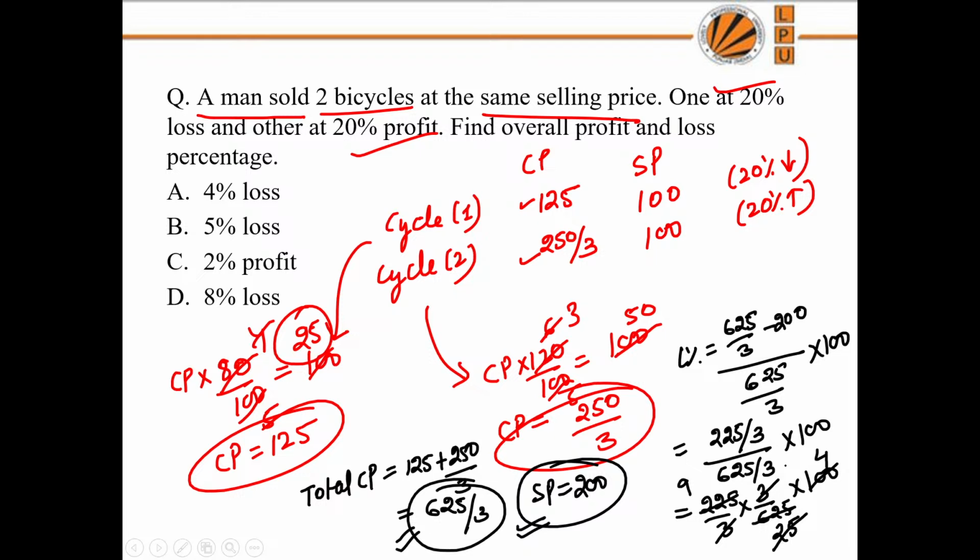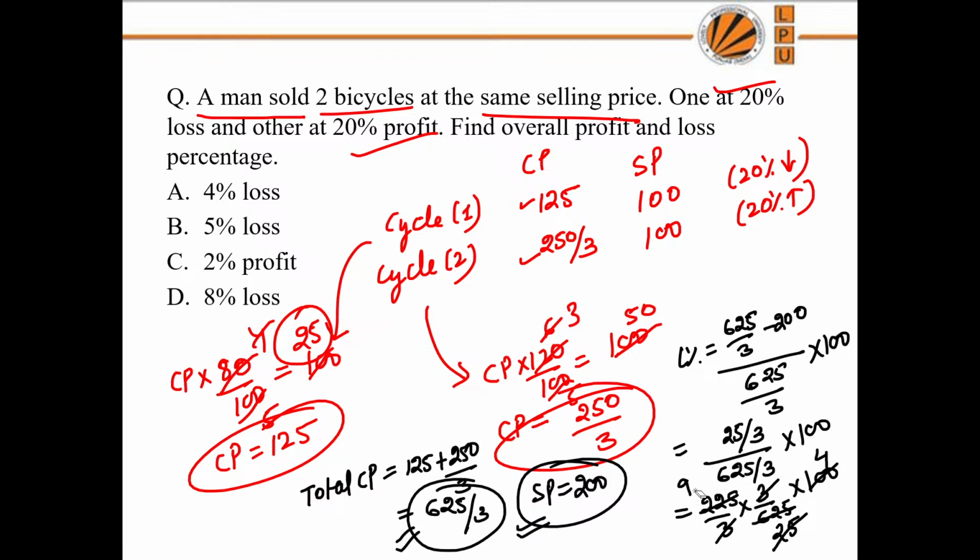Check calculations. Sometimes it may happen that there may be a calculation error. Check it properly. Oh, it should be.